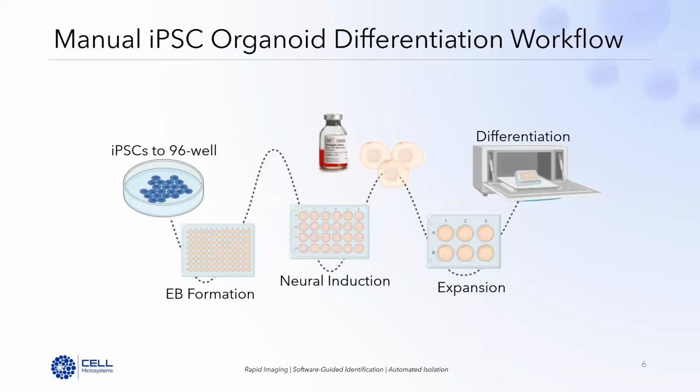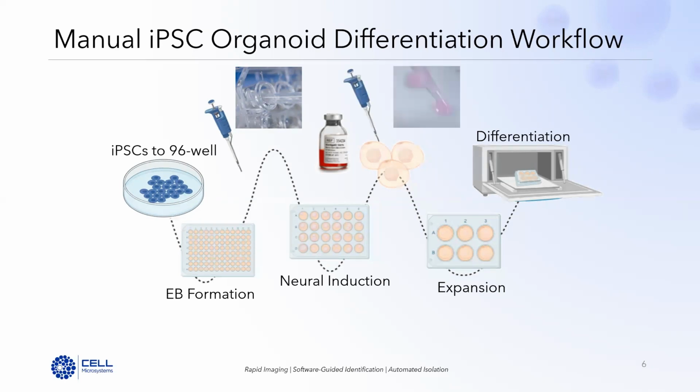In this workflow for generating neural organoids, we start with our 2D iPSCs. They are seeded into 96 well plates with thousands of cells per well for aggregation and embryoid body formation. After embryoid body formation, these are pipetted manually into another well plate format to combine those organoids per well for neural induction.